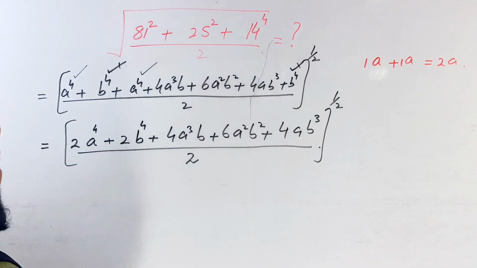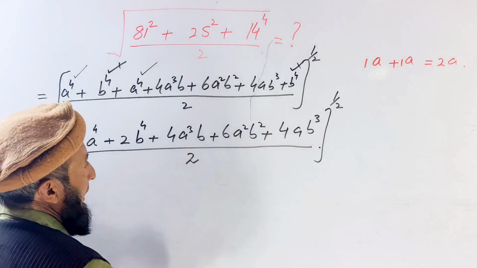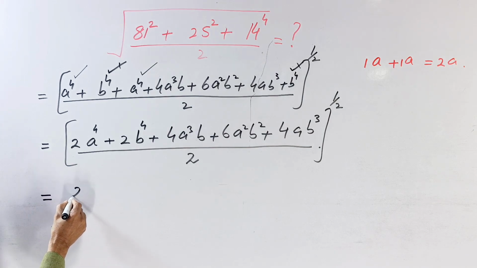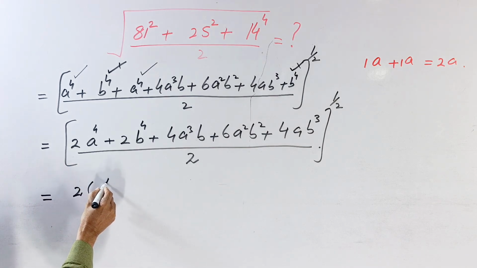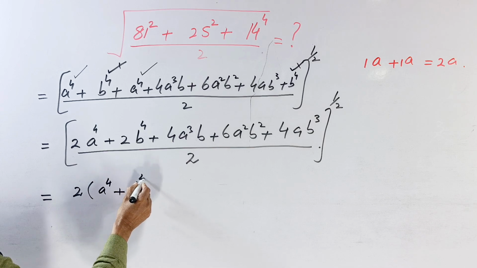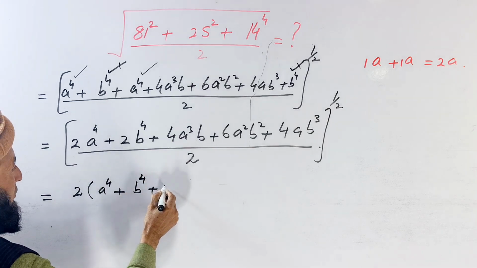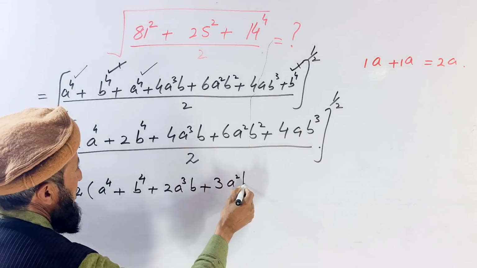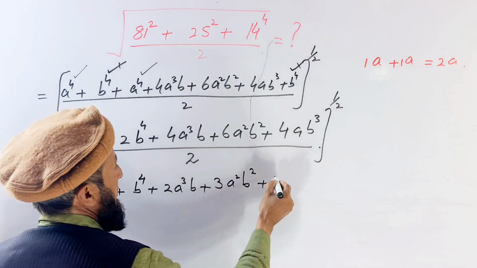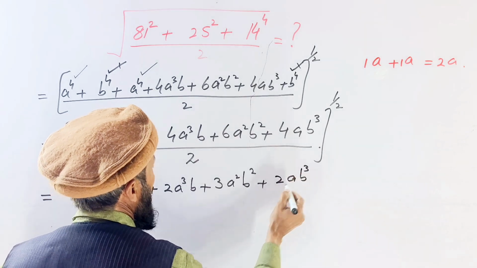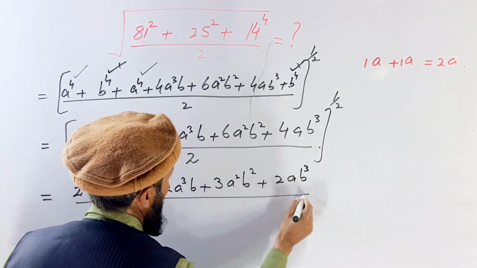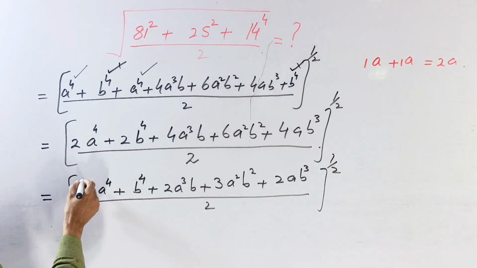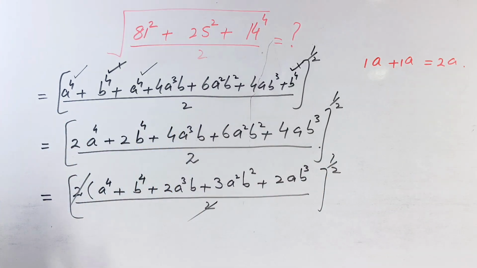Now look here, 2, 2, 2, 2 are common. We are taking 2 common: 2 times (a^4 + b^4 + 2a^3 b + 3a^2 b^2 + 2ab^3) divided by 2, whole exponent 1 by 2, and here the 2s cancel each other.